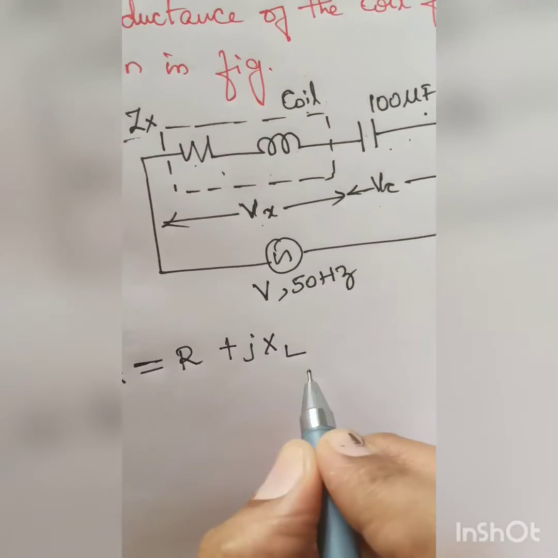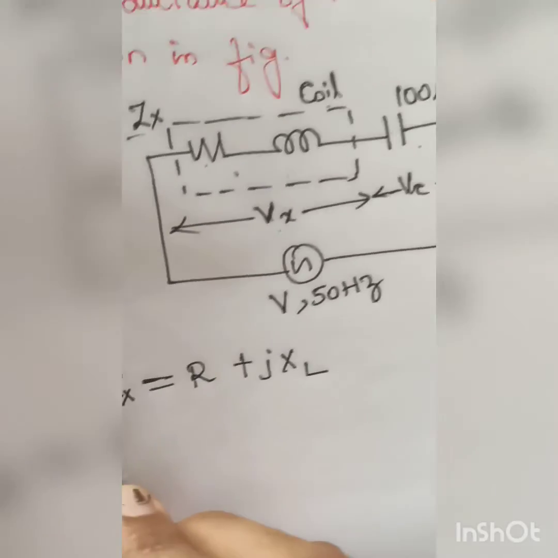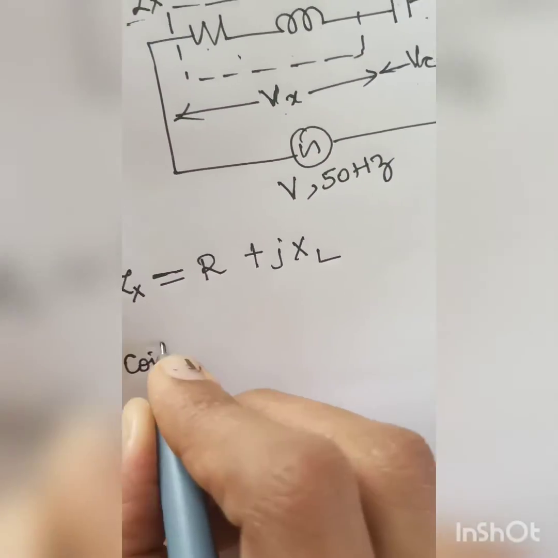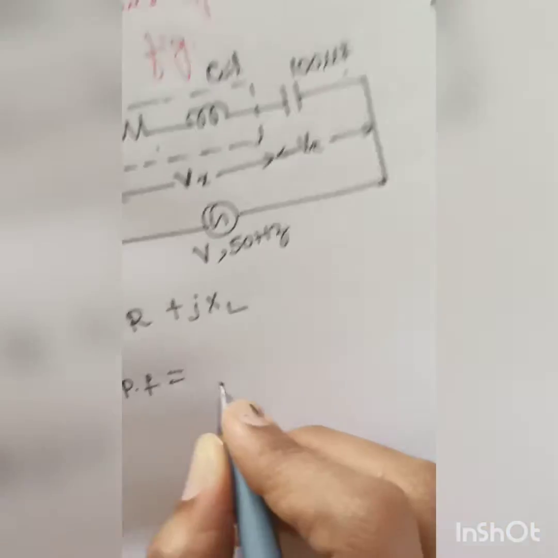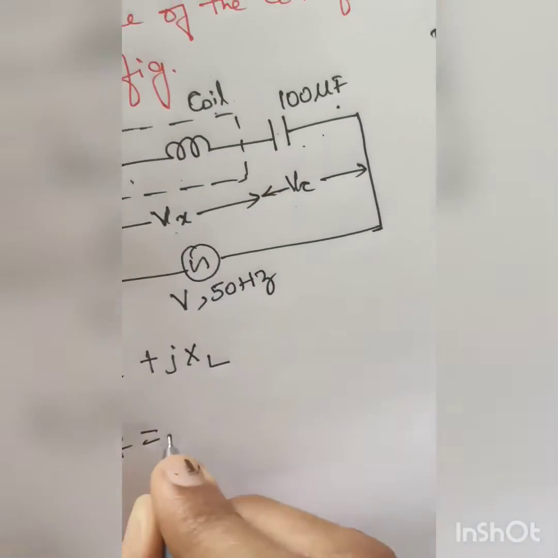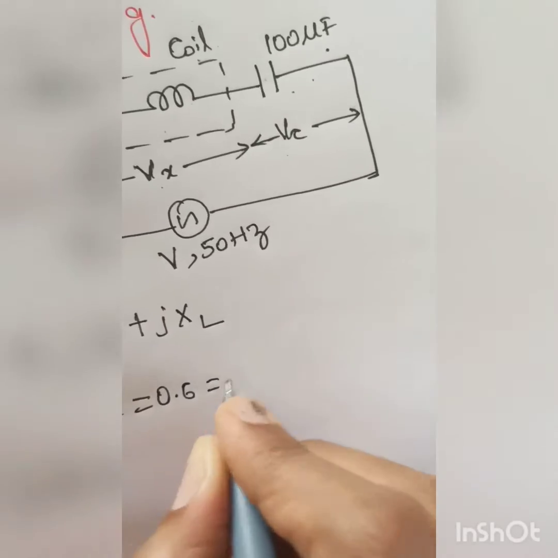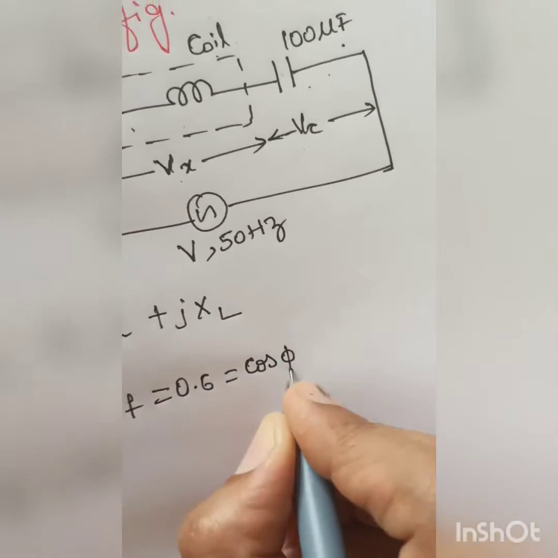So this is the impedance, and here in the given, the coil power factor is given. The coil power factor is 0.6. The power factor we can say as cos phi.